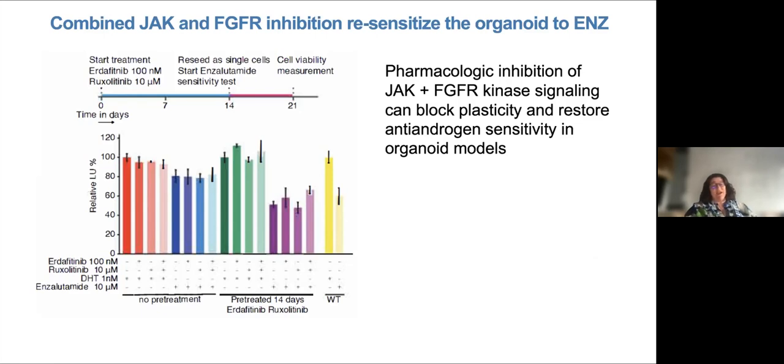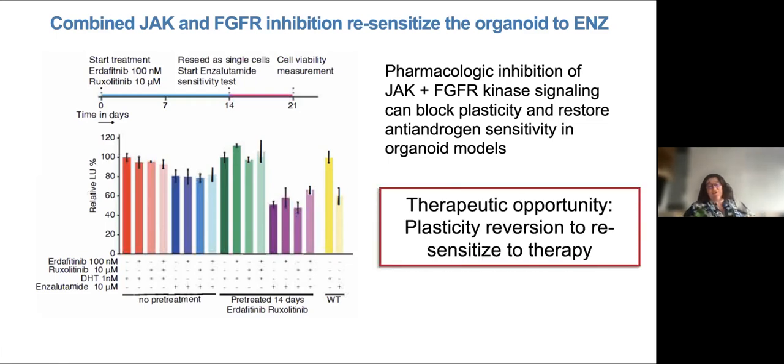And that's what made us really happy: following pharmacological inhibition of both JAK and FGFR, which blocks the plasticity, and waiting a few weeks for the organoid to revert to normal, we also managed to reverse the drug resistance and create androgen therapy response. And so this is a real therapeutic opportunity. We've managed to really find a drug that stops plasticity in its tracks and reverts drug resistance.